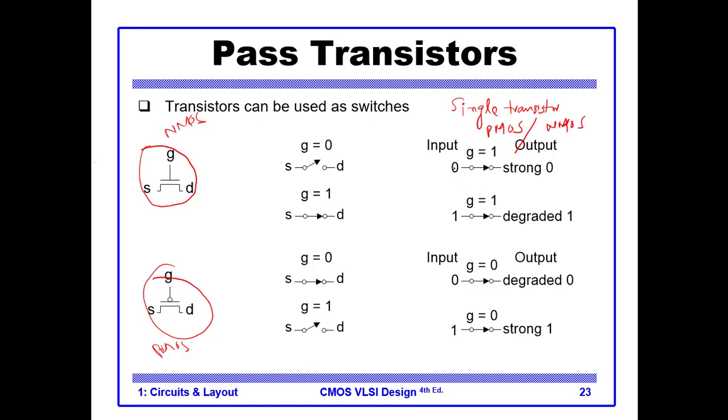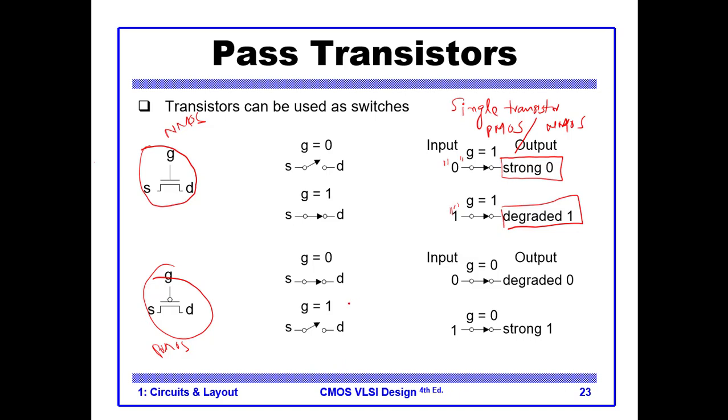When it is closed, what is passed? Whatever is at the input. So if at the input we have logic 0, the output will be a strong 0. And if it is a logic 1, it will be a degraded one, because this is NMOS.